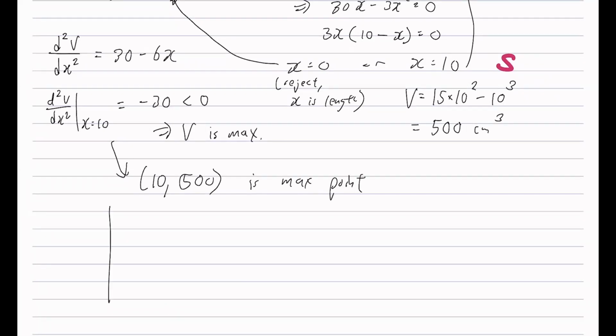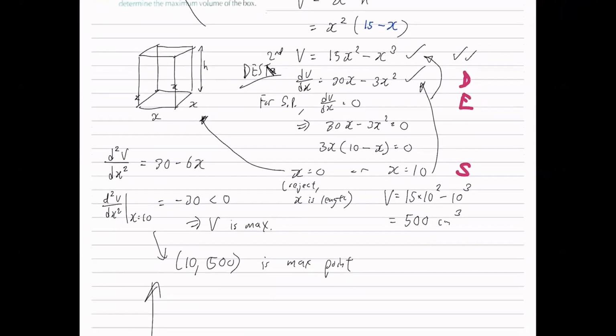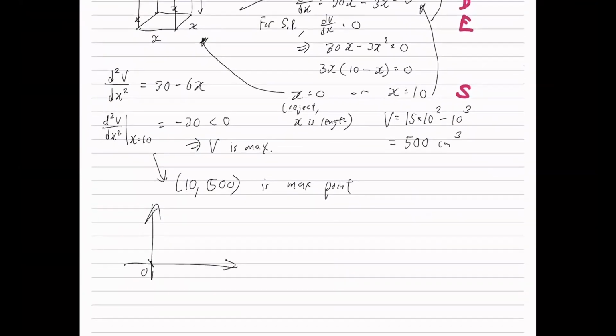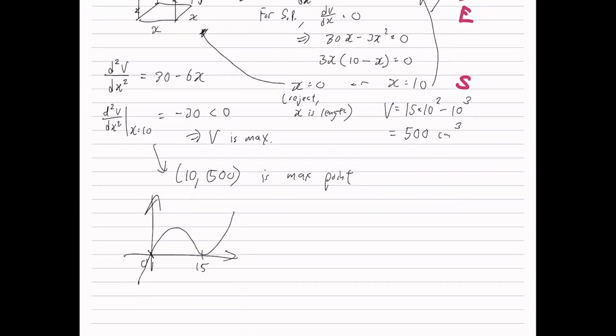But if you draw a graph, what this really means is that, what's the formula for volume? X squared times 15 minus x. So there's a 0 here, there's a 15 here. It probably looks something like this. Not too clear. Oh wait, let me read again. 15x squared minus x cubed. Oh, it's the other way around, sorry.